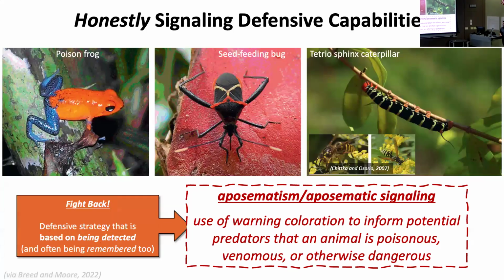All right, so if we talk about signaling defensive capabilities, there's a couple other terms I want to make sure we have available to us. These are all honest signals. These are all things you would not want to eat, in some cases would not want to touch.